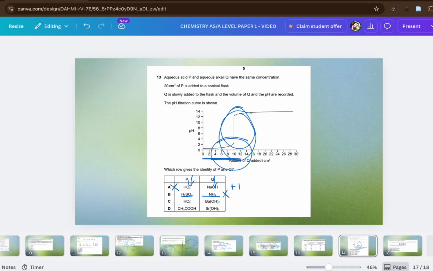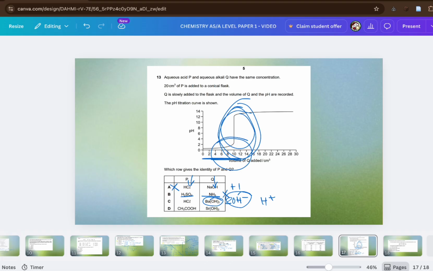Now it's C. Barium hydroxide releases two OH ions, while hydrochloric acid releases only one hydrogen ion. Because it's 2 times stronger, you only need half of the volume of the base here to get the pH into a very basic state.